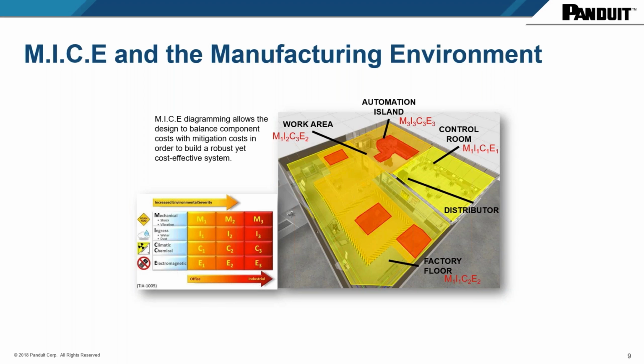Now, what happens if you use anything that does not conform to these specs? If, for instance, you choose to use a commercial grade cabling and connectivity in an M3, I3, C3, and E3, you would most likely be able to run the system. You will have some intermittent connectivity issues because of electromagnetics that will affect your cable because it's probably not shielded.